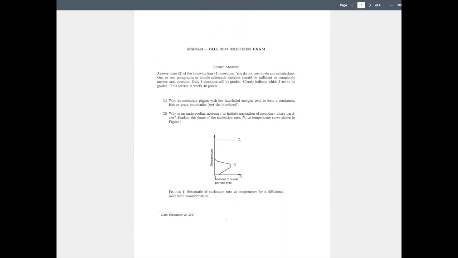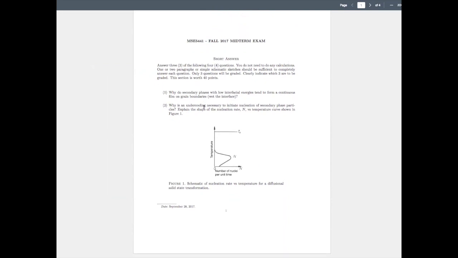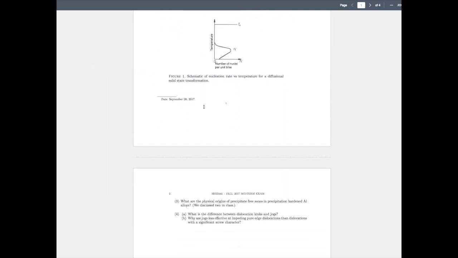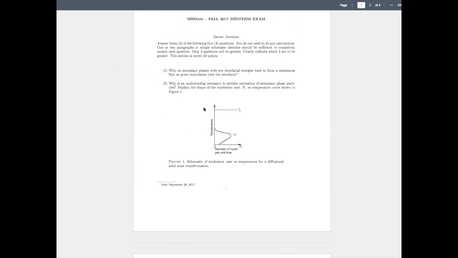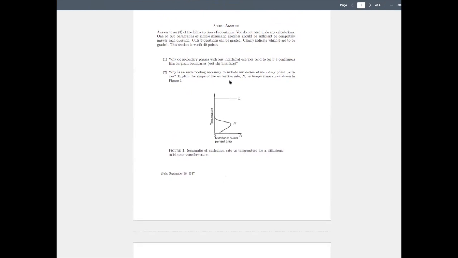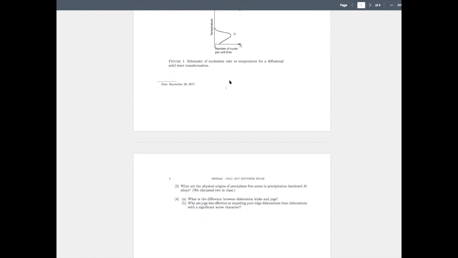I like to give a couple short answer questions, which can be answered in less than a paragraph or a couple quick schematic drawings. If you find yourself writing a full page for these short answers, you're going way too deep. I said 1 or 2 paragraphs, but really 1 paragraph, a couple sentences, or some schematics. And you have to answer 3 out of the 4.